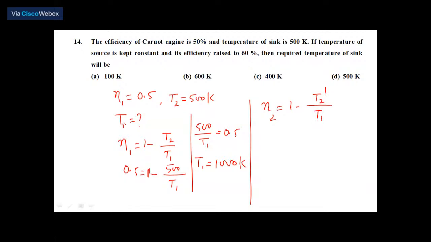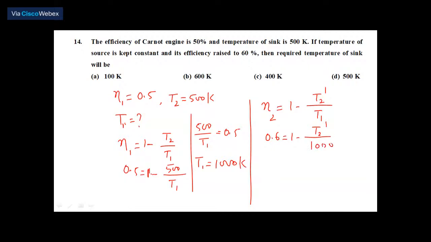Here we are not changing the temperature of source, so it is written as T1 itself, but the sink's temperature is being changed. We call it T2 dash. Eta2 is given, it is 60%. 0.6 is equal to 1 minus T2 dash divided by T1, which is 1000.